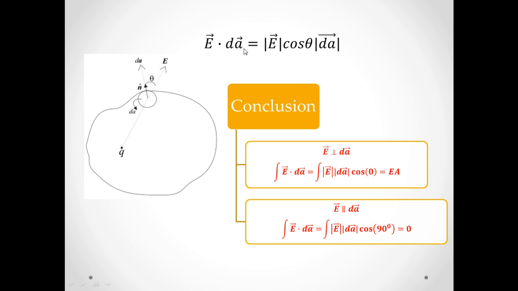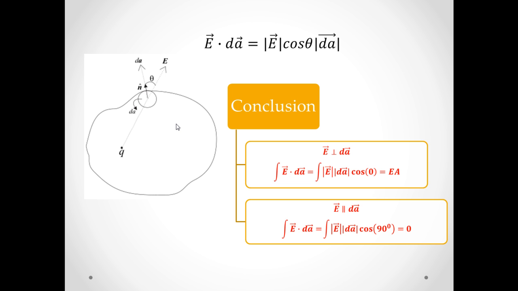So E dot dA is equal to modulus E cos theta dA, where theta is the angle between the normal to the surface element dA and the radial line from charge Q, as shown in this figure. Now from this we can draw two conclusions.